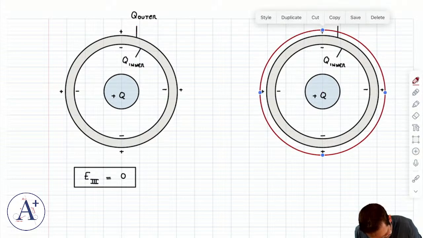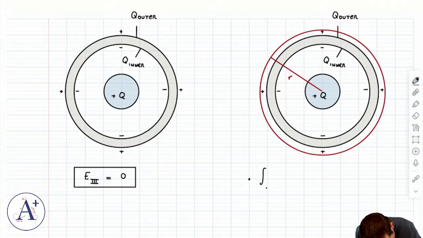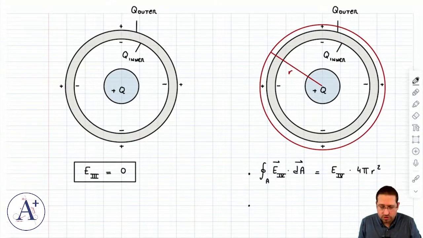In region 4, we're just going to have a Gaussian sphere like this. And in region 4, again, the flux does not know in which region it's being computed. So this is E4 dA. We're going to get E4 times 4 pi r squared. How much charge do I enclose?